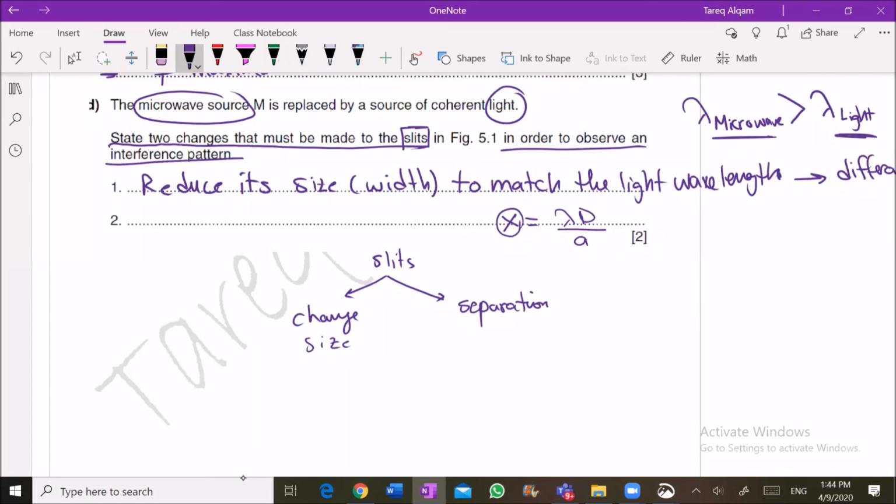To increase the separation between them, what do I have to do with the slit? Sorry, the separation between the slits. What is x again? x is the distance between adjacent fringes. Here I have to reduce also what? Their separation.